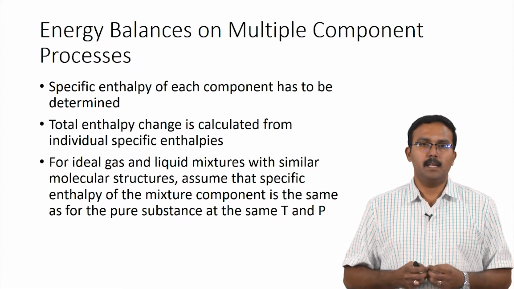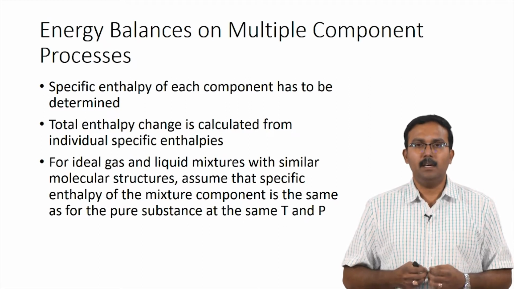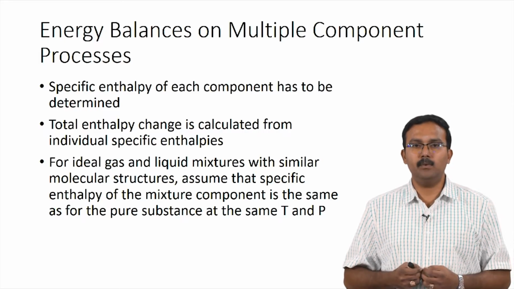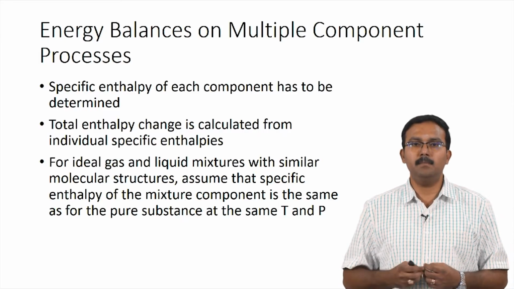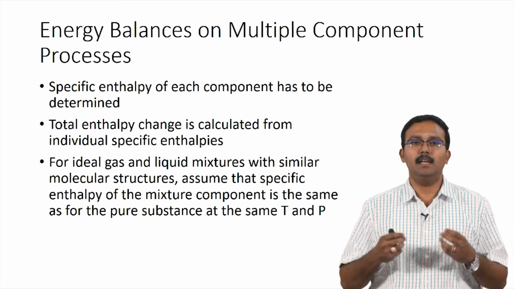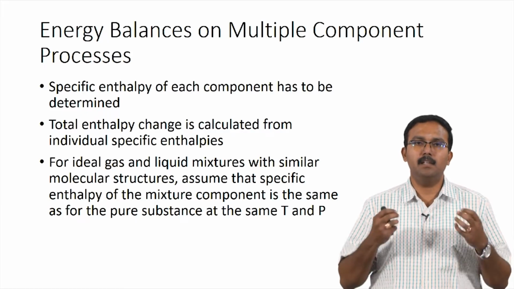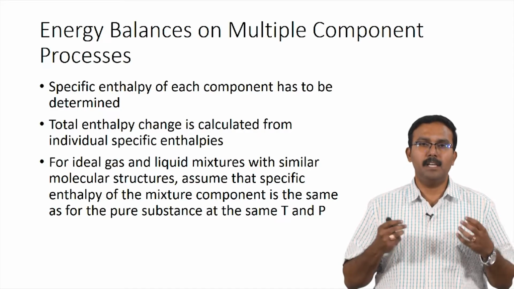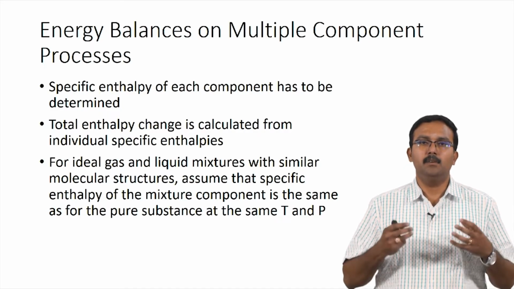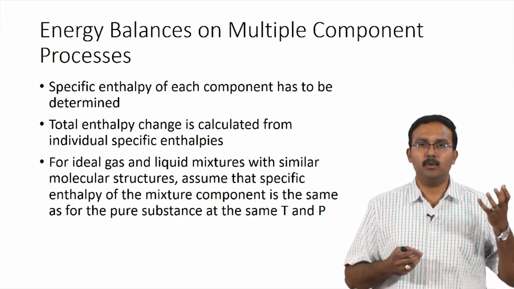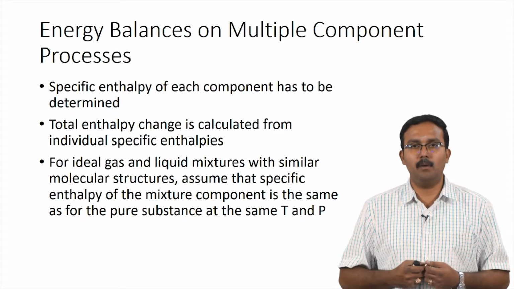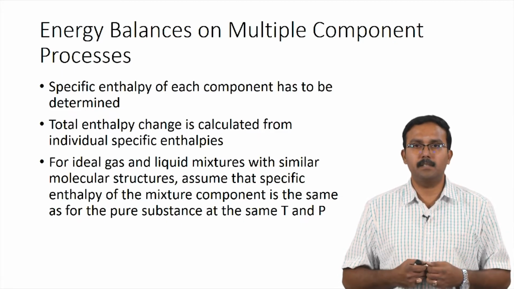When we do this, we are making an assumption, and this assumption is valid for ideal gas and liquid mixtures which have similar molecular structures. That is because we are assuming ideal solutions or ideal mixtures. So, based on this assumption, the total enthalpy of the system is equal to the summation of the enthalpies of individual components at the same temperature and pressure.